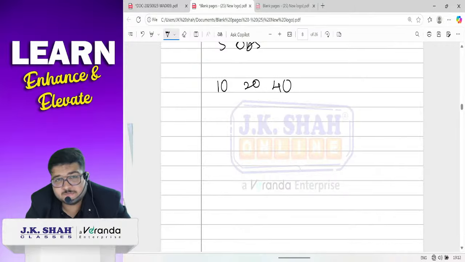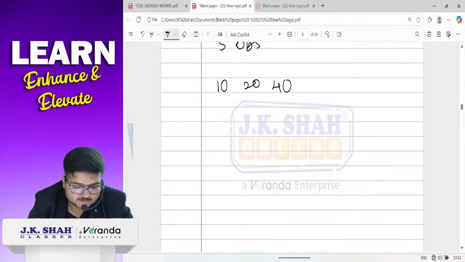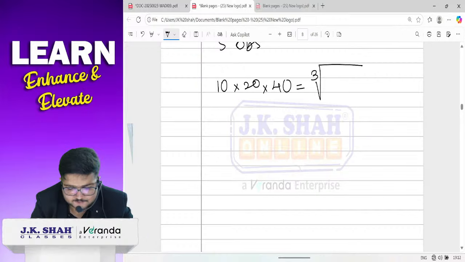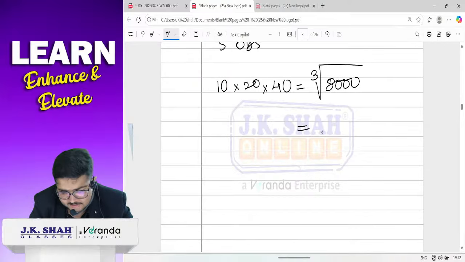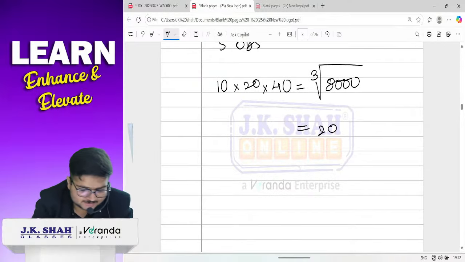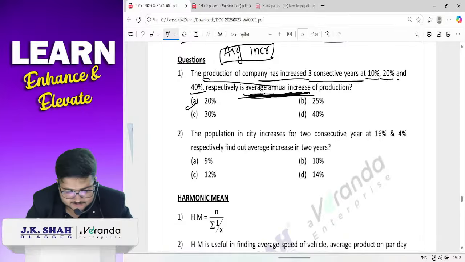We will multiply all 3 observations and then find the cube root of the product. 10 into 20 into 40 is 8000, and cube root of 8000 is 20. So answer is 20. Everybody understood?